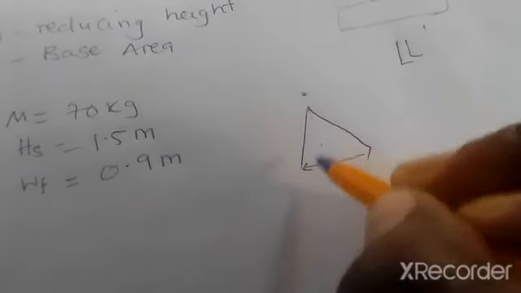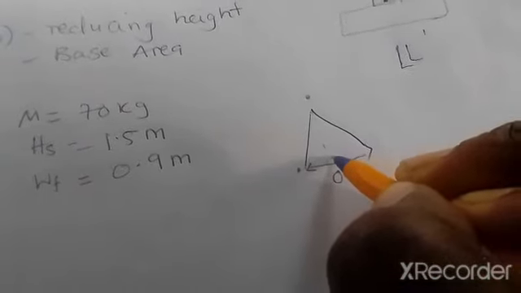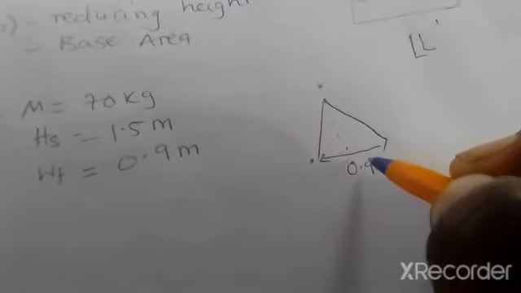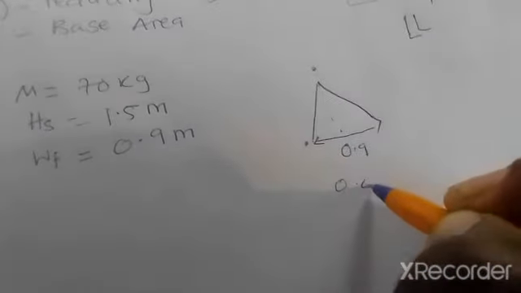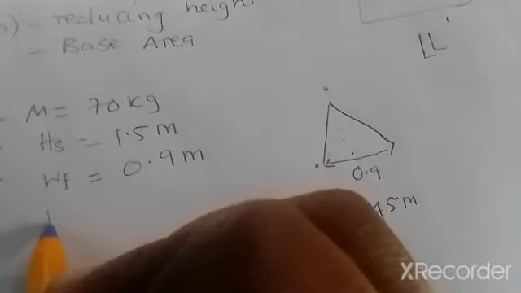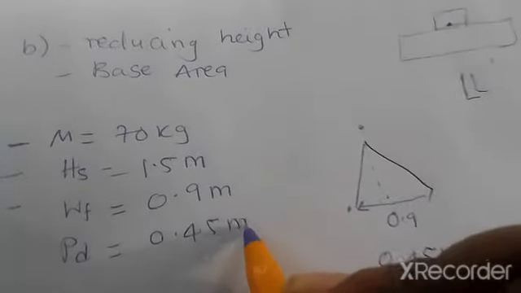So the distance from the pivot to the center of mass is not going to be 0.9 but half of 0.9, which is 0.45 meters, right? So the perpendicular distance is equal to 0.45 meters.